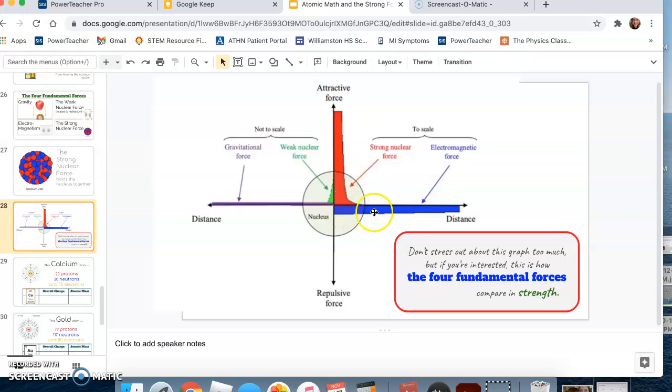The electromagnetic force is pretty strong for quite a ways, and of course that's going to be outside of the size of the nucleus because those electrons are affected by the electromagnetic force, and they circle around the nucleus. Then not to scale, we have gravitational force, which works on pretty long distances. Like if you're out in the atmosphere of the Earth, you're still going to fall down to the Earth. And then the weak nuclear force works at very small distances within.